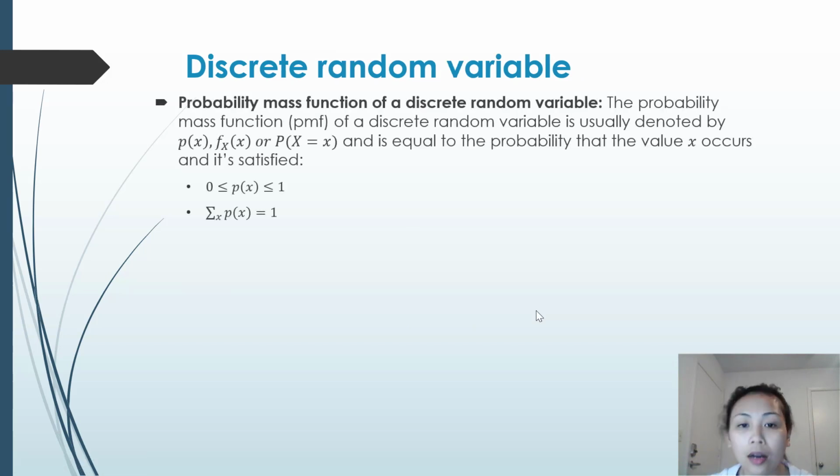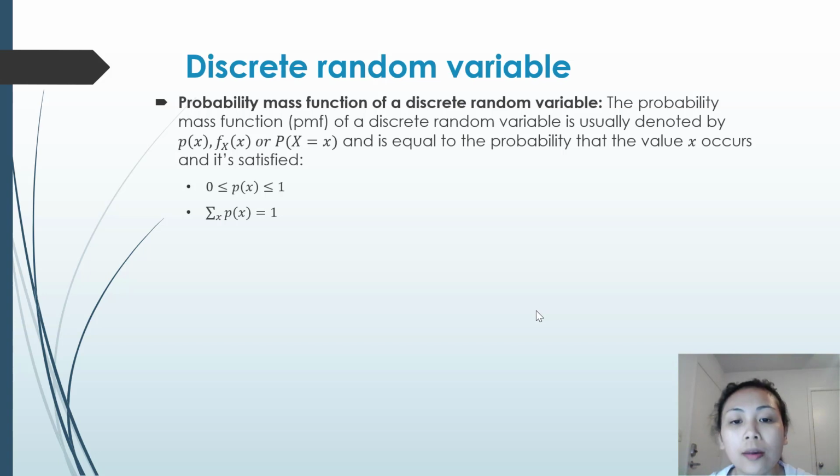Next, in discrete random variable, to calculate the probability, we need to consider a function which is the probability mass function. So the probability mass function, PMF, of a discrete random variable is usually denoted by p of x, or f with subscript capital X of x, or probability of X equal to x.